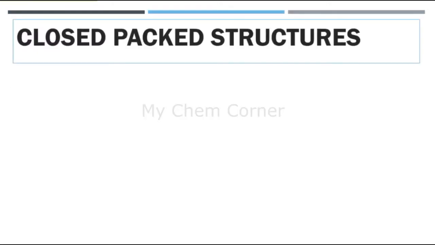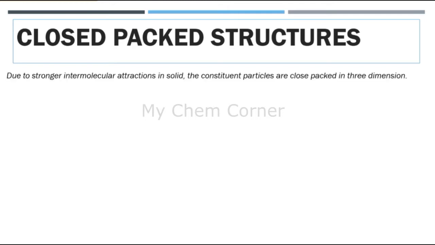So closed pack structures. We're looking at the type of the arrangements in different dimensions of these atoms. So let's see one by one. Now here, due to stronger intermolecular attractions in solids, the constituent particles are closely packed in 3 different dimensions.